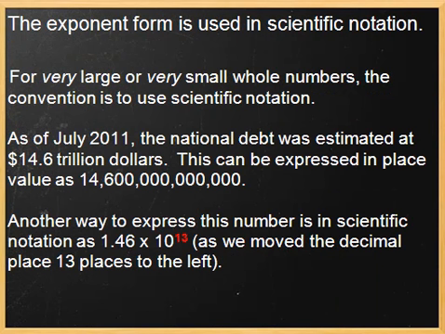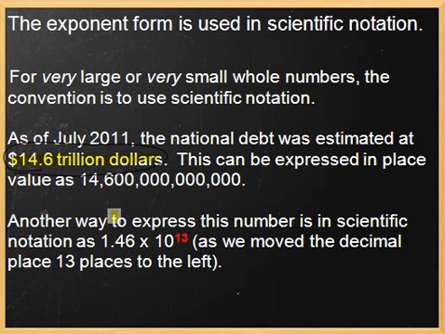Exponential form is often used in scientific notation to express very large and very small numbers. So as of July, our national debt was $14.6 trillion. If we wrote this in expanded form, we would have 146 followed by 11 zeros.